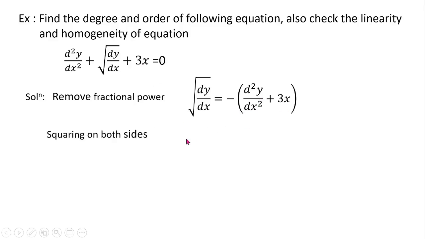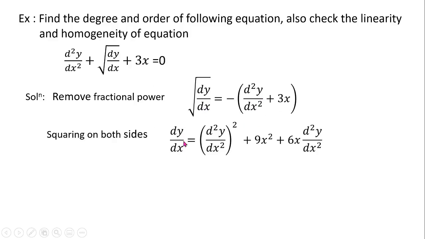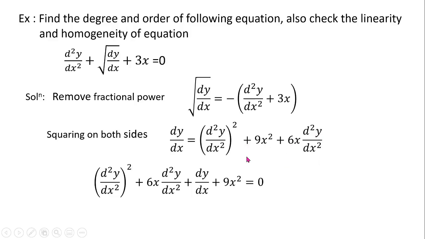Square both sides. Squaring both sides, we get dy by dx is equal to the square of the first term, plus the square of the second term, plus 2 times the product of the first term and the second term. Then we get [d square y upon dx square] square plus 9x square plus 6x into d square y upon dx square.